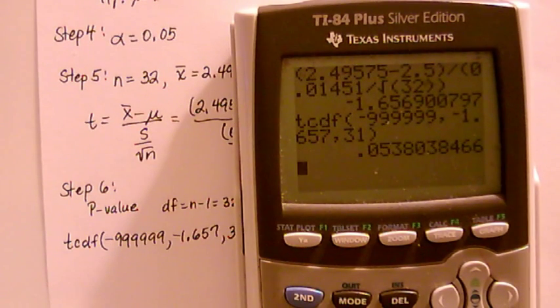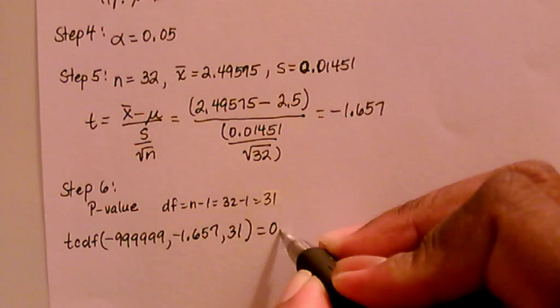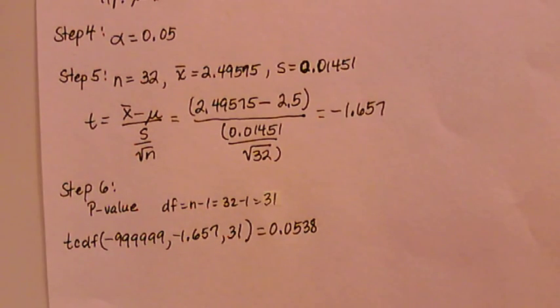And then, to 4 decimal places, that will be 0.0538. But keep in mind, our alternative hypothesis was not equal to, so it's a two-tailed test.